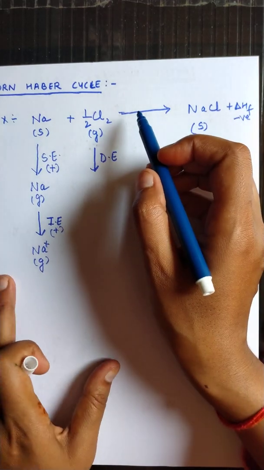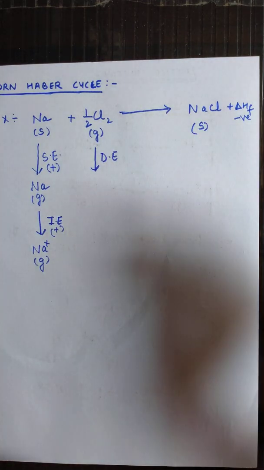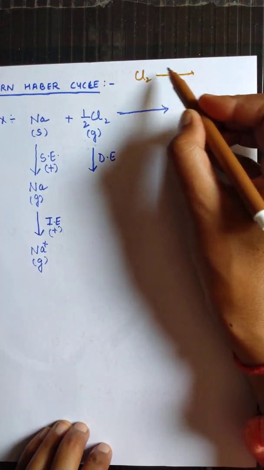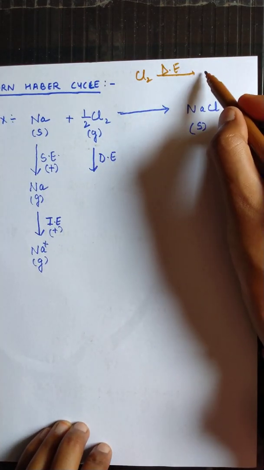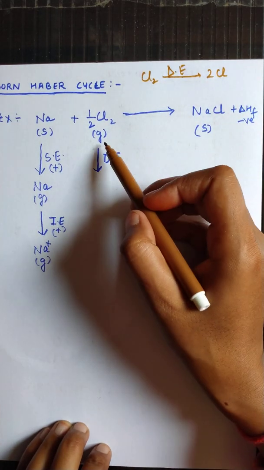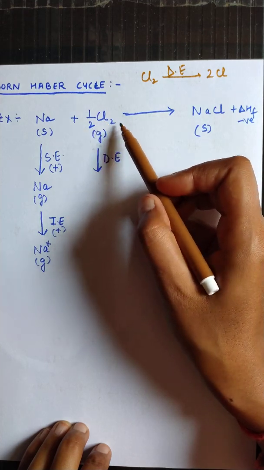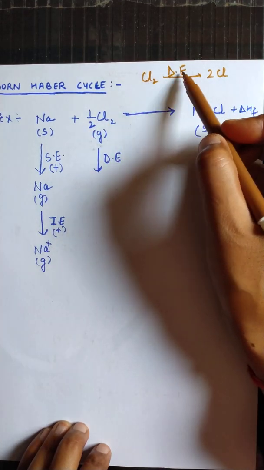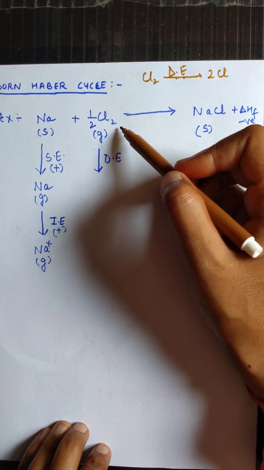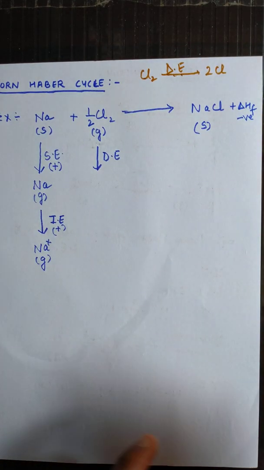ठीक है, और देखो बच्चों एक चीज़ ये है that you have to remember, if the molecule is present in Cl2 state, so we require the dissociation energy, that's why it will convert into 2Cl atoms. But here if half molecule is there, for one molecule the dissociation energy will be dE. If we are representing here half mole or half molecule, then we also require half the amount of energy.